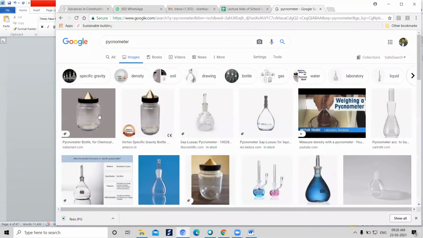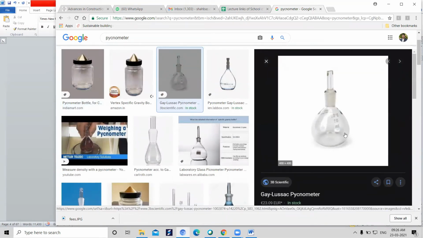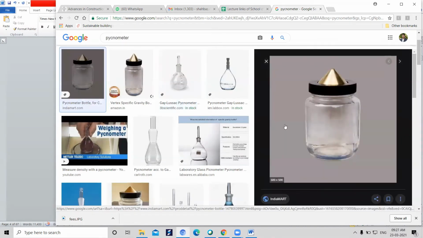Okay. For this, the pycnometer or density bottle which we are going with for the experimentation. So the question arises, when to use this density bottle and when to use this? Procedure the same, right? Then we have a difference with this.